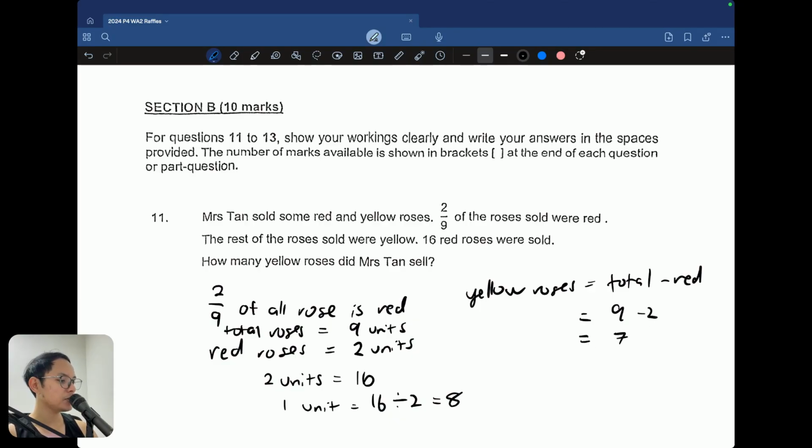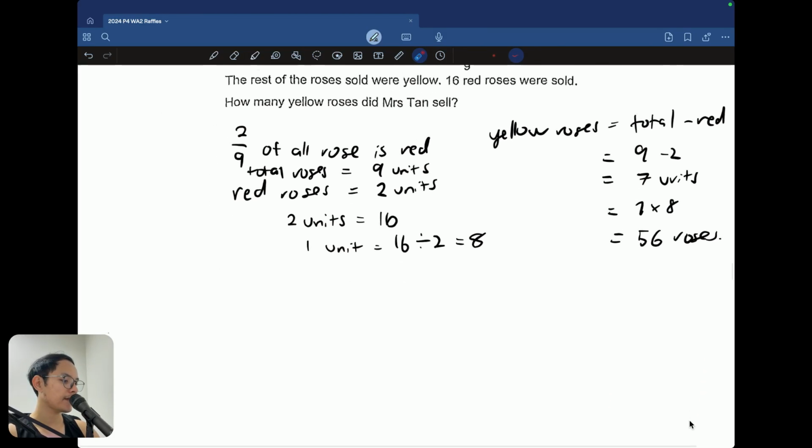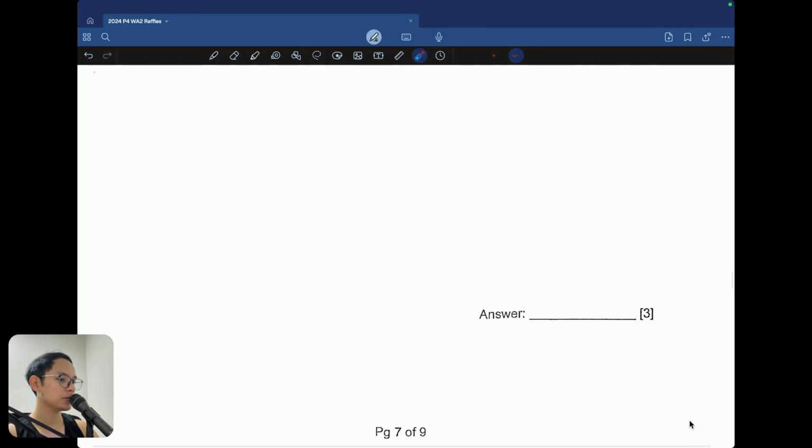And since we know this is 7 units, and 1 unit over here is 8, what is 7 units? 7 times 8, which is 56 roses. That's what you see over here. So the answer is 56 roses. Okay, there you go. Just put 56.